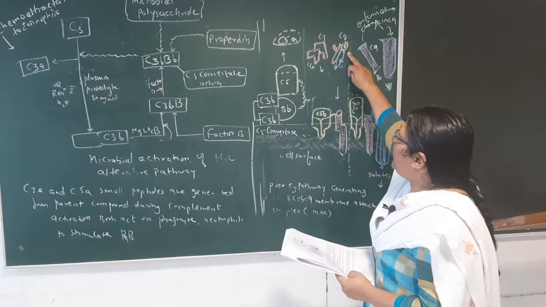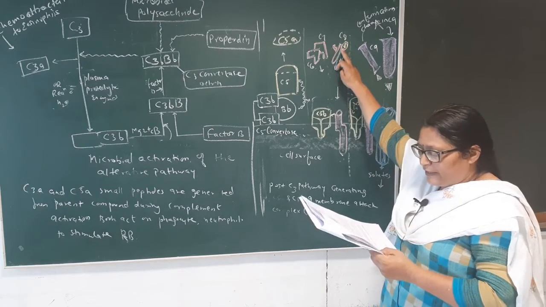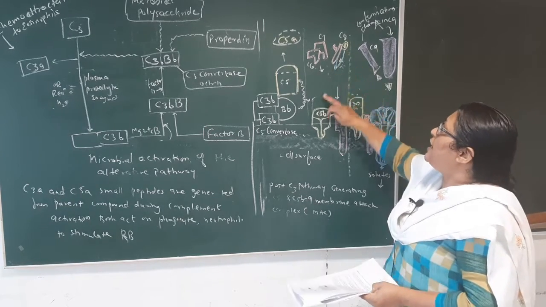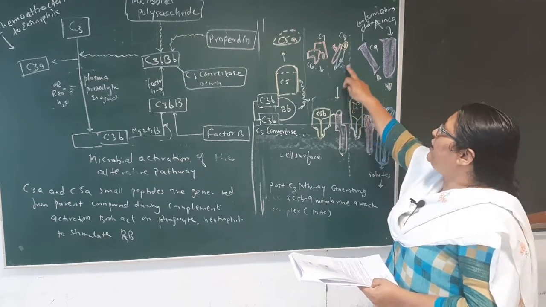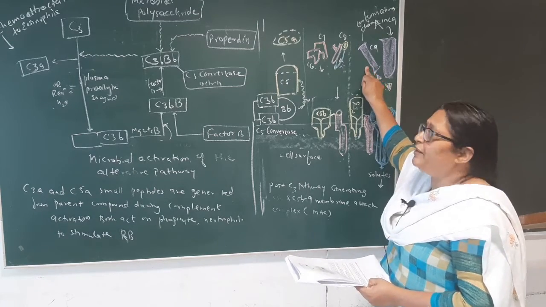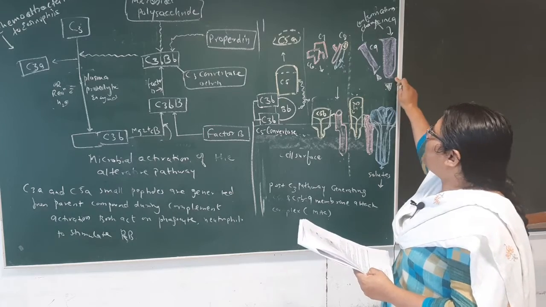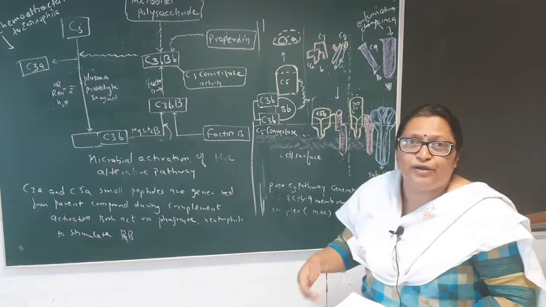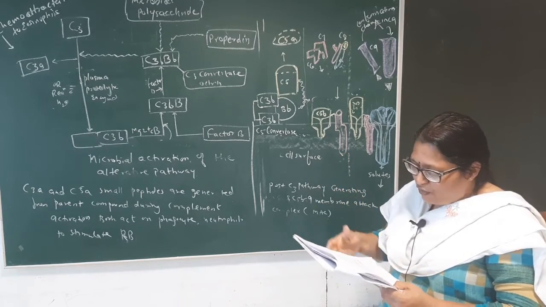Now, what is the form of C8? C8 has three chains: alpha chain, beta chain and gamma chain. The alpha chain of C8 directly leads to the conformation change in the C9 protein and converts it into the active form.